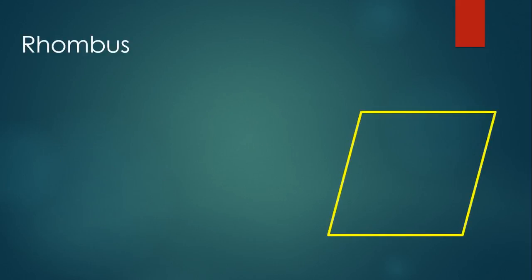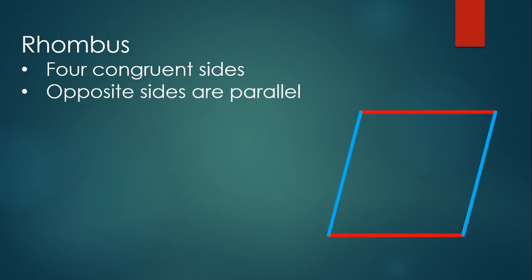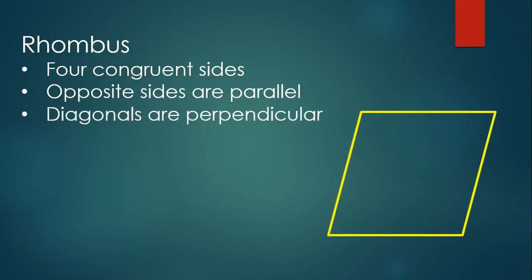Now, a lot of these constructions rely on properties of a rhombus. A rhombus has four congruent sides, and its opposite sides are parallel to each other. The diagonals of a rhombus are always perpendicular. The diagonals go from one corner to the opposite corner.